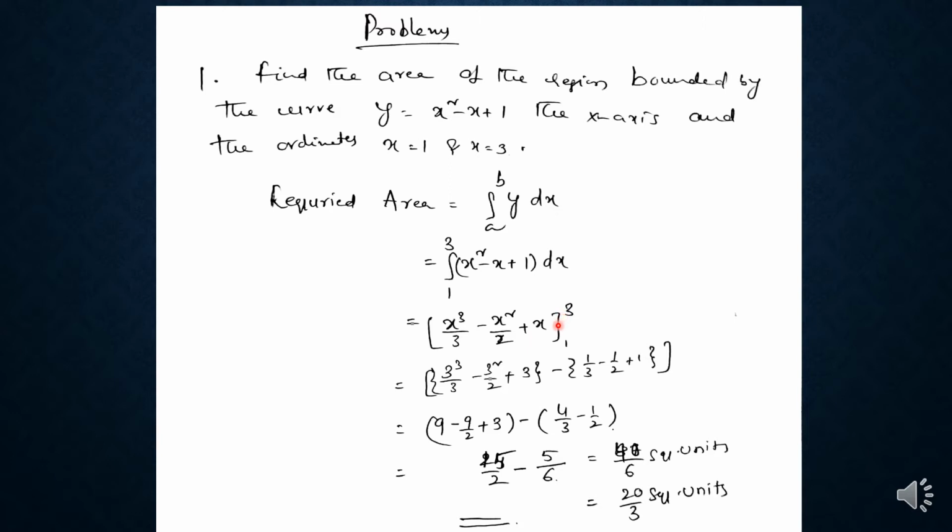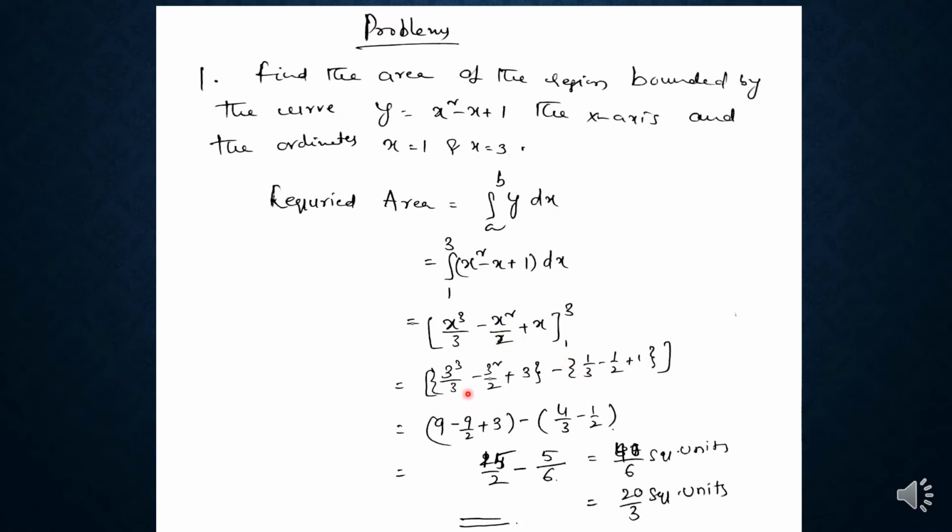By substituting x is equal to 3, the upper limit, 3 cube by 3 minus 3 square by 2 plus 3, minus, if we put the lower limit x is equal to 1, that becomes 1 by 3 minus 1 by 2 plus 1.